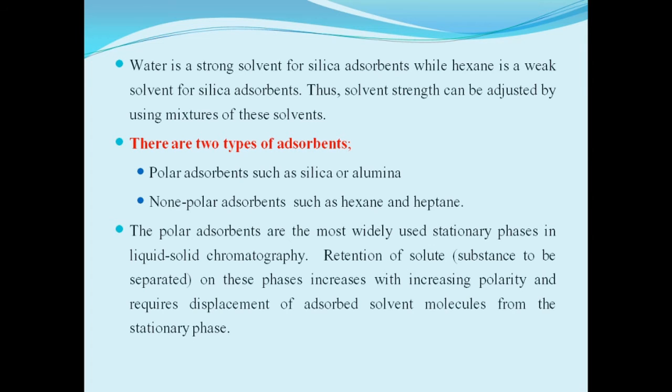In order to use this method, the solid phase is coated on the inside of a very thin column. This column is put into an oven, often a substance called diatomaceous earth is used as the solid stationary phase.